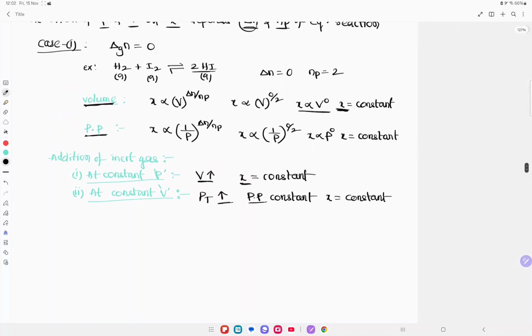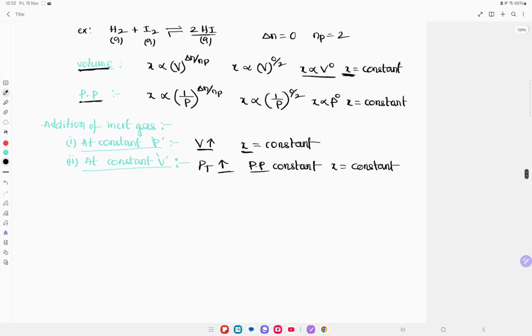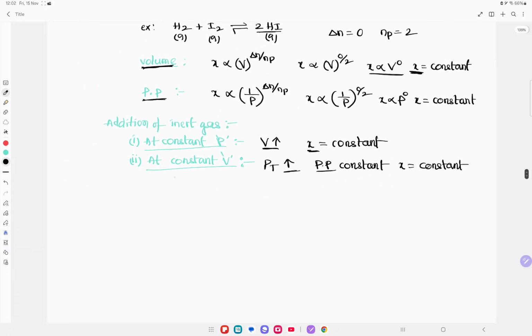So by the addition of inert gas to the equilibrium reaction at constant volume and temperature, X is constant, already discussed. Next, case 2.